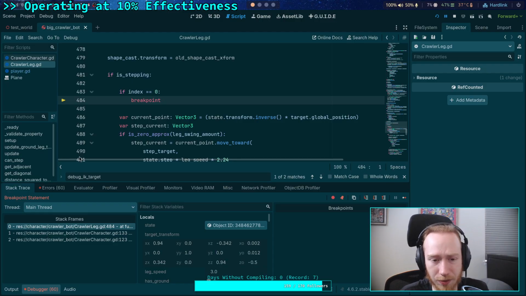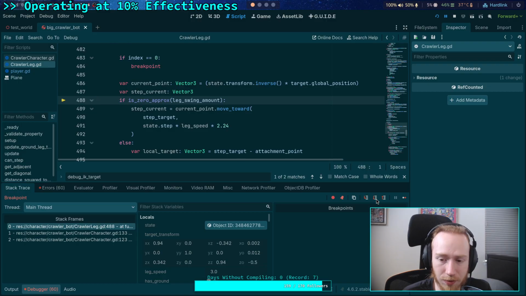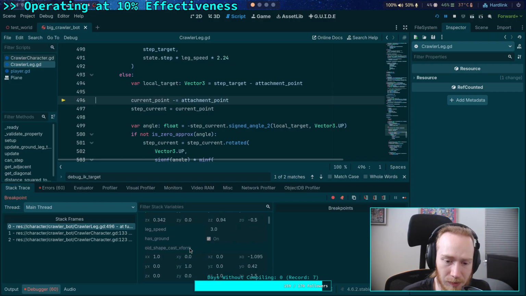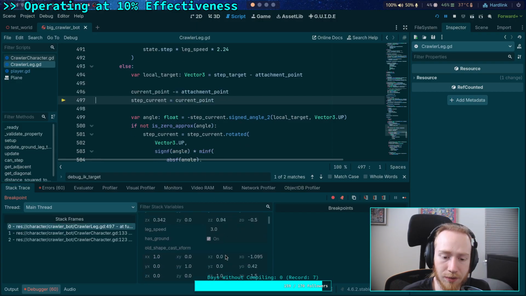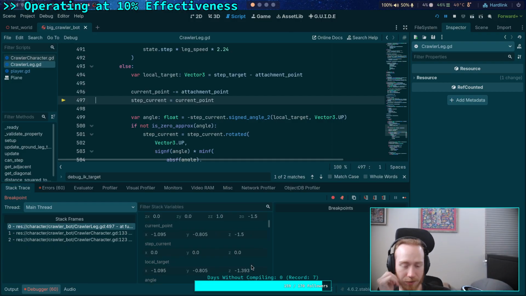That's so weird. Why is the leg stepping backwards? No, that's not right.